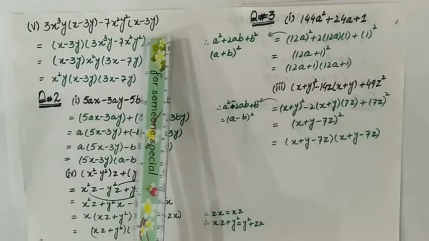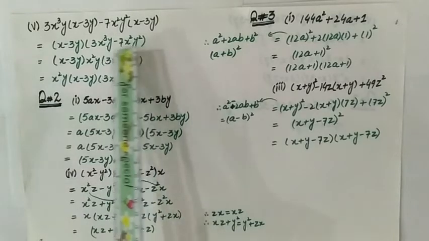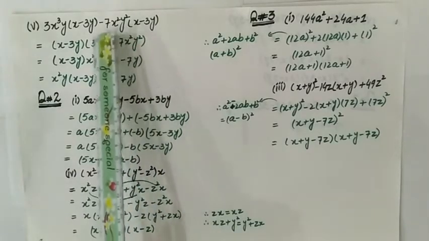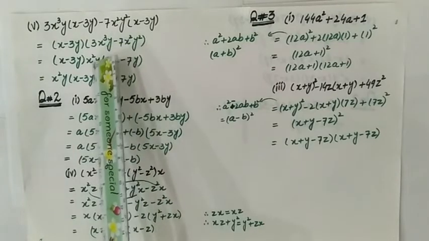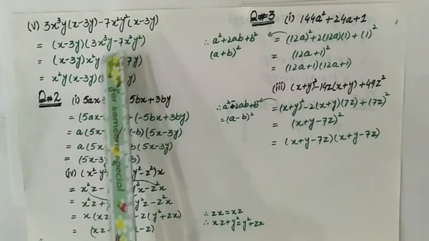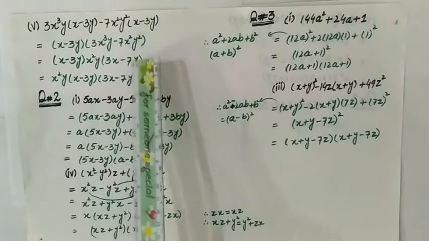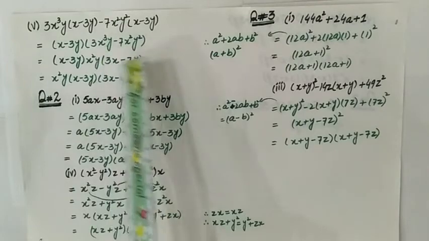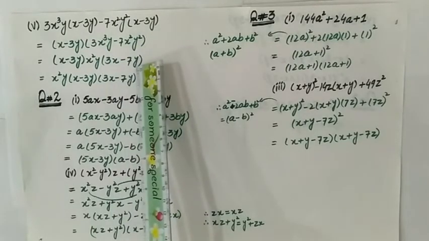Smaller power will be common, so we will take y as a common, and the remaining terms are from this first. The remaining term is 3. x is common, so remaining is x. y is common, so there is no y. Then minus 7, x is the common, so there is no x. y is the common, 1y is common and 1y inside.